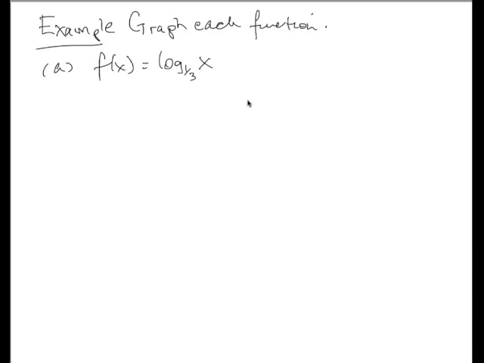What we do here is create a table, with x values, and we also want to look at the exponent form. In this case, the base is a third, and then we're going to look at the logarithmic form.